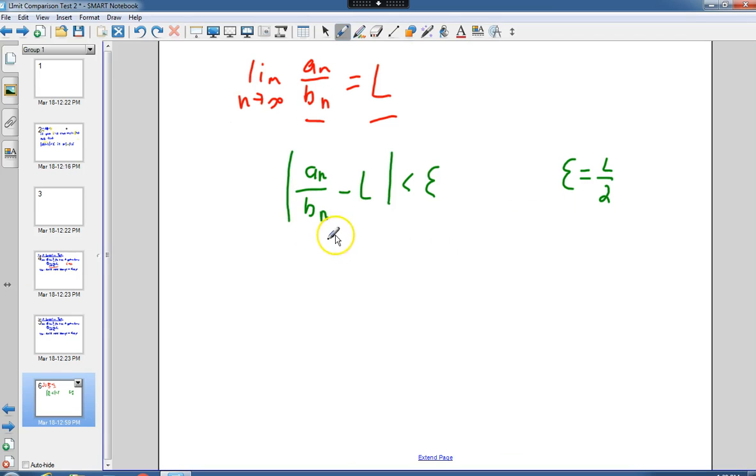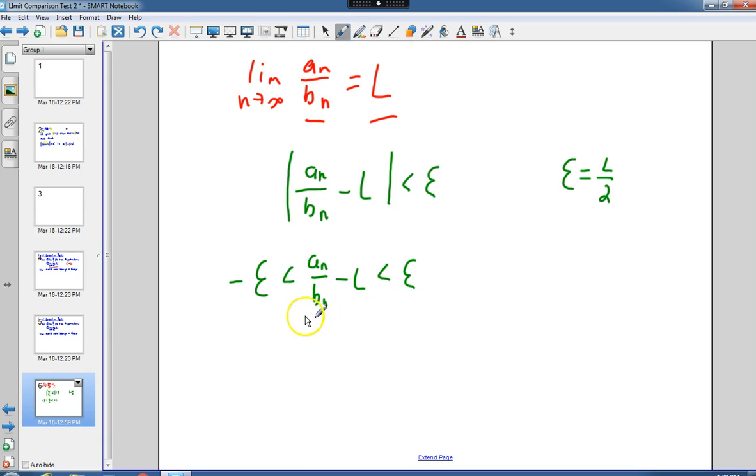All right. So with that being said, I'm going to do some algebra to rearrange this particular inequality. First thing is I'm going to get rid of the absolute value, so that would mean that negative epsilon would have to be less than a sub n over b sub n minus L, and that would have to be less than epsilon.